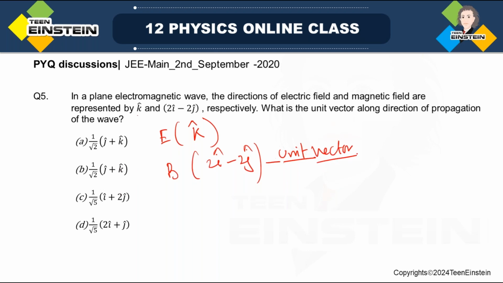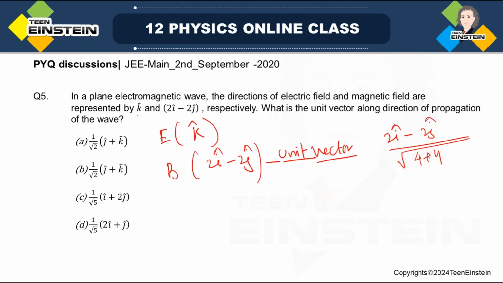So how to find out unit vector? I have to find out B vector divided by the magnitude of the vector. So this is the vector, and the magnitude of the vector is square root of this square plus this square, 4 plus 4.